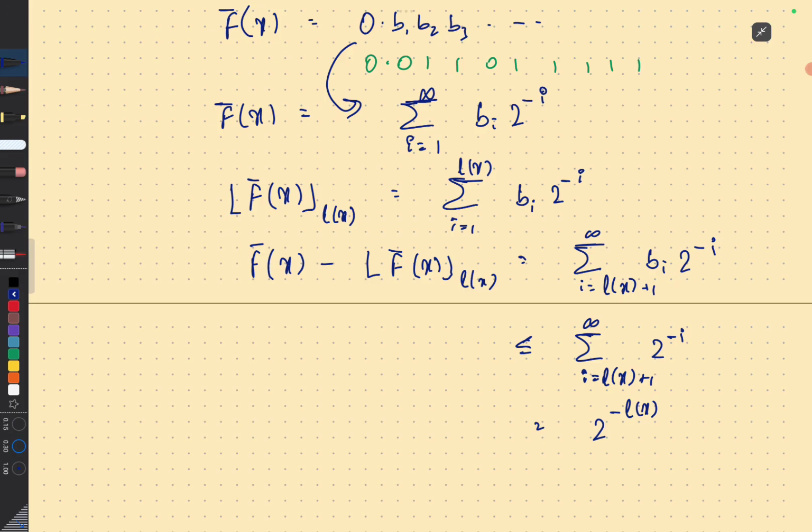So let's do it more carefully. Let's just disregard what I did previously. Let's take f bar of x truncated to L of x, which is less than or equal to f bar of x.